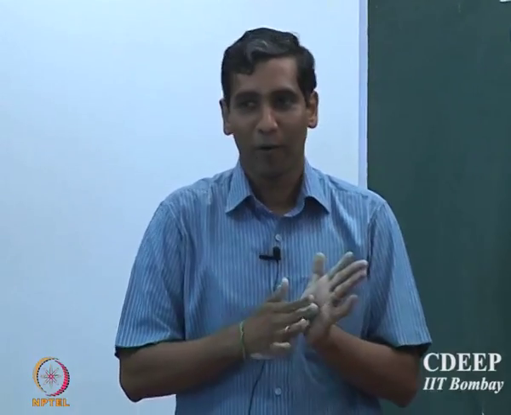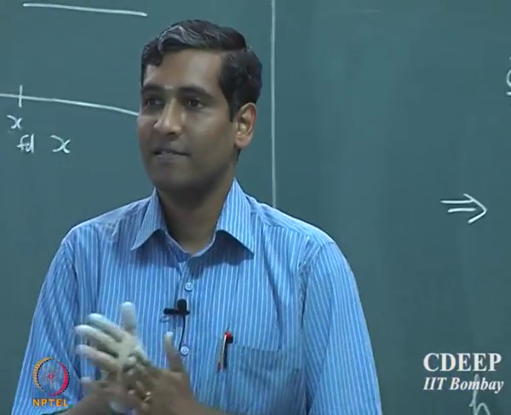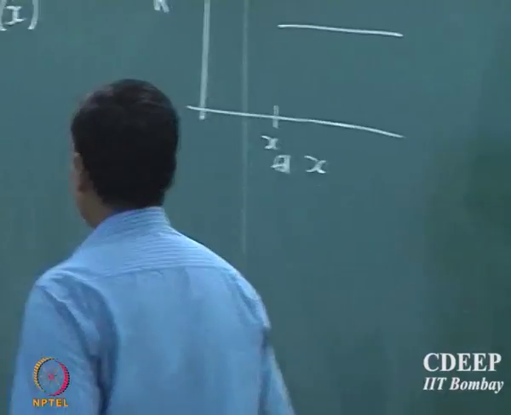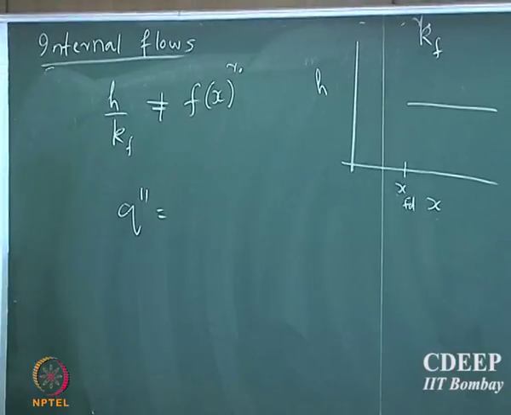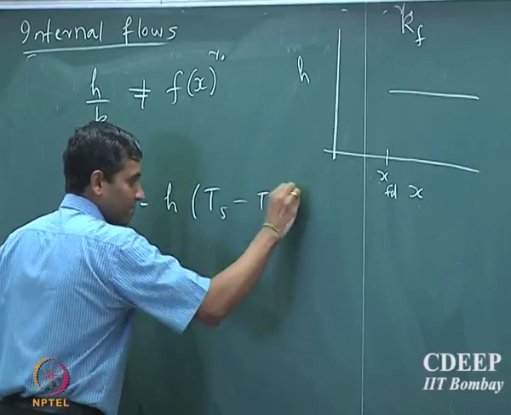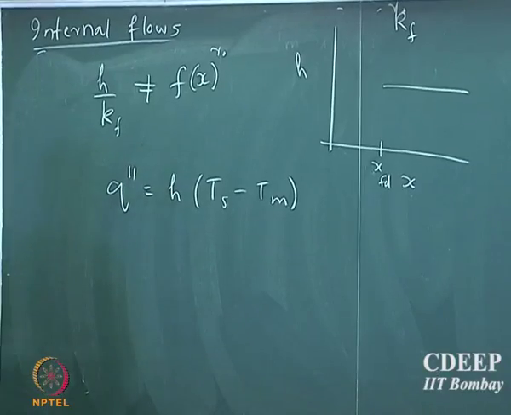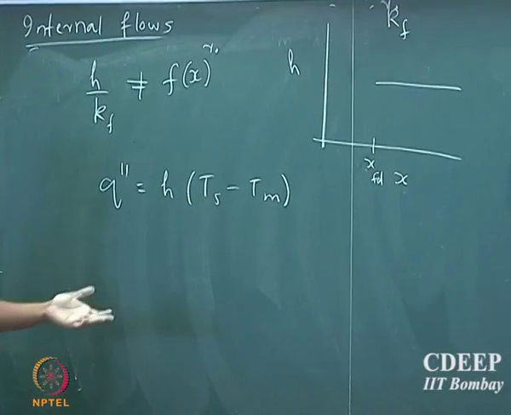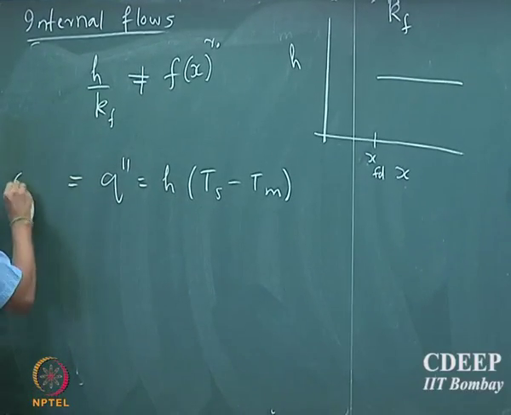Will it be higher or lower? So I'll give you a hint. The local flux of heat transport, q, is defined as h into Ts minus Tm, right? So the surface temperature minus the reference temperature. So that's the definition. Now can you guess? So let's say constant flux condition.